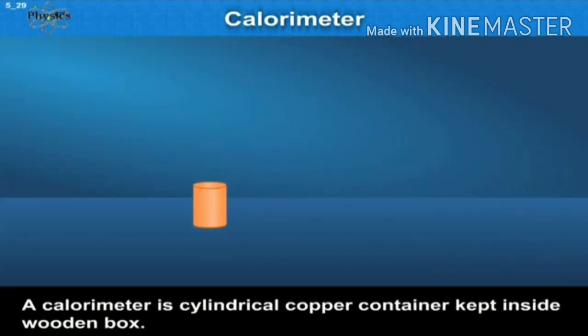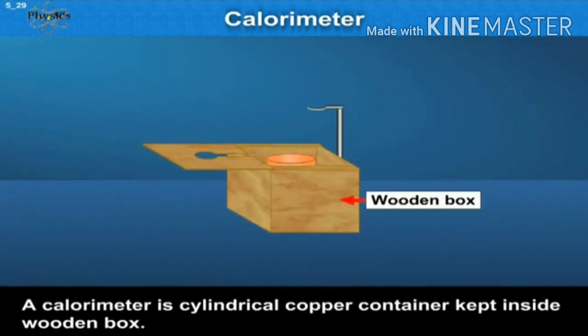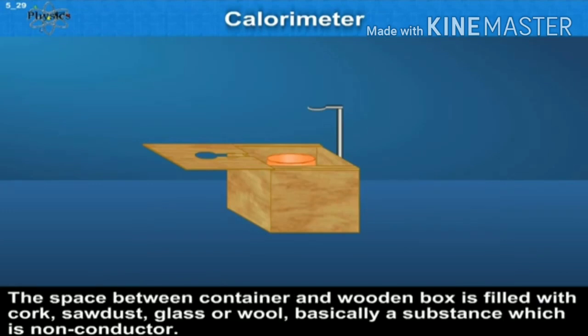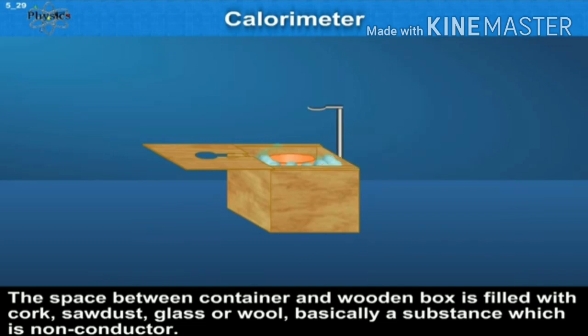A calorimeter is a cylindrical copper container kept inside a wooden box. The space between the container and the wooden box is filled with cork, sawdust, glass, or wool. That is basically a substance which is a non-conductor.